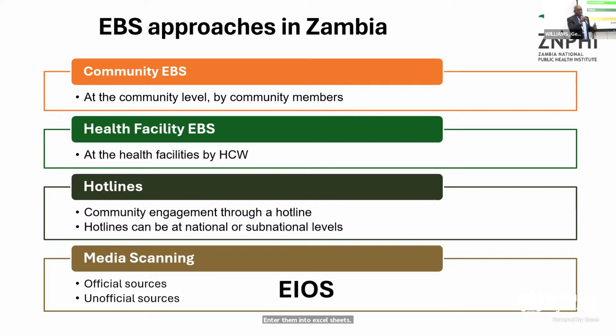But we transitioned to subscribe to other sources, which were semi-automated, the GPHIN and others that we were using. But we are lucky enough now with the introduction of the EIOS, most of our work became easier because this is a major aggregate of articles, which is superior to whatever we were doing. So I'll zero in on just talking about the EIOS and what we've done. Maybe the next slide, please.